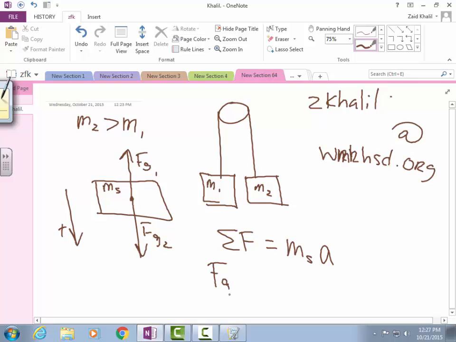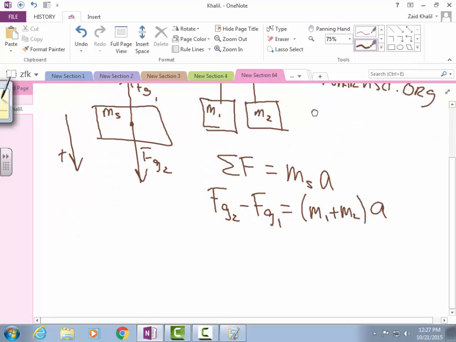You have FG2 minus FG1 equals, what's the mass of the system? M1 plus M2, times A. What does this equal? M2G minus M1G equals M1 plus M2 times A. So what is A equal to?